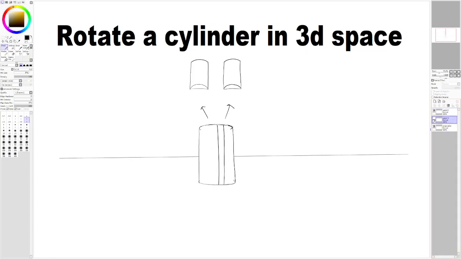If we were moving the cylinder to the right, or in this case, let me think how to do it. It would kind of be like that.